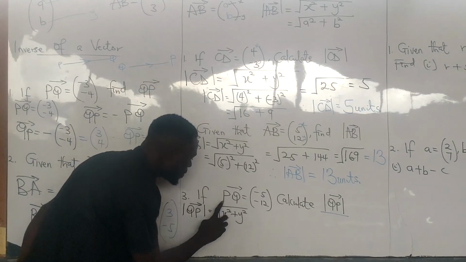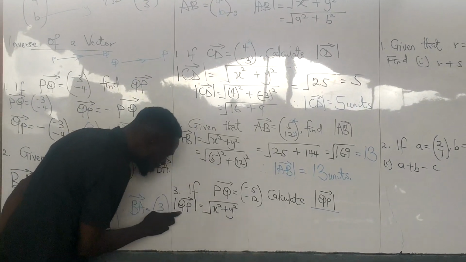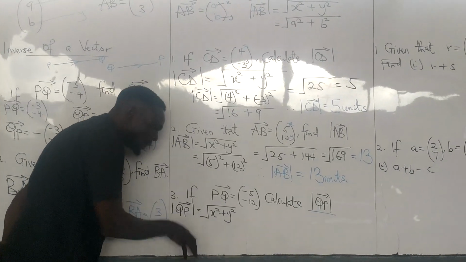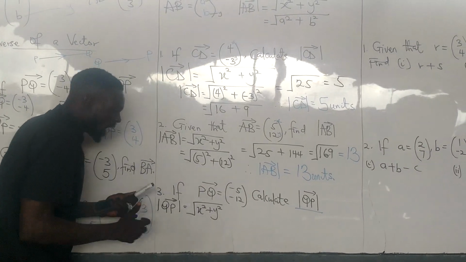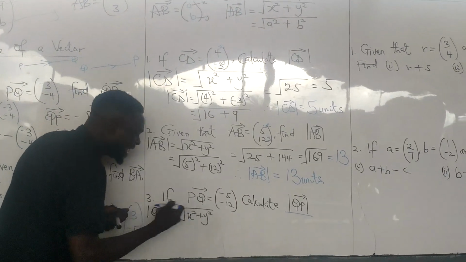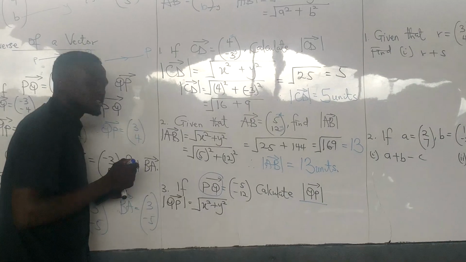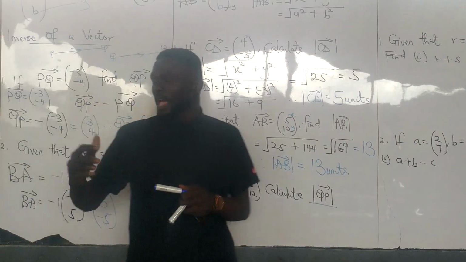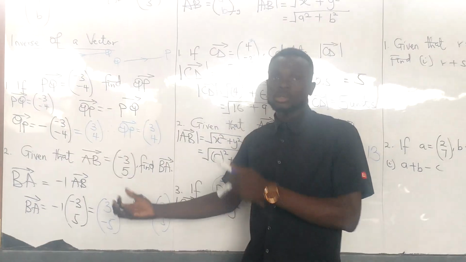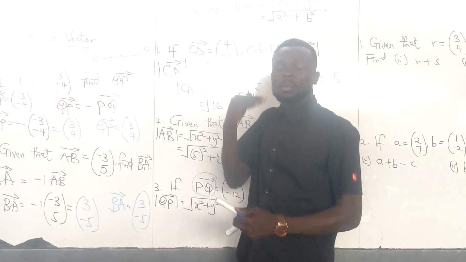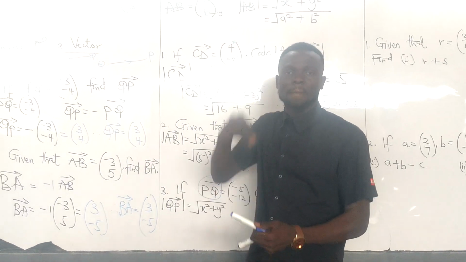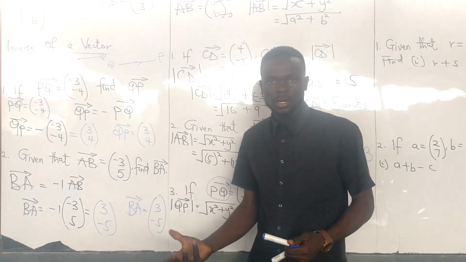No. Here we have PQ, but we have to calculate QP, which means we have to first solve for the inverse of this vector. To solve for the inverse, multiply the given vector by -1.